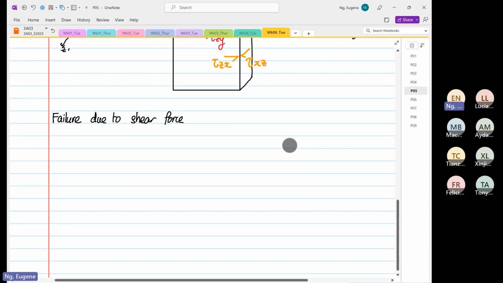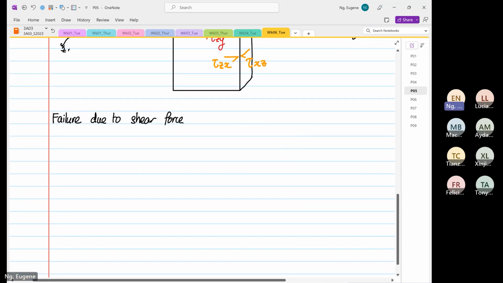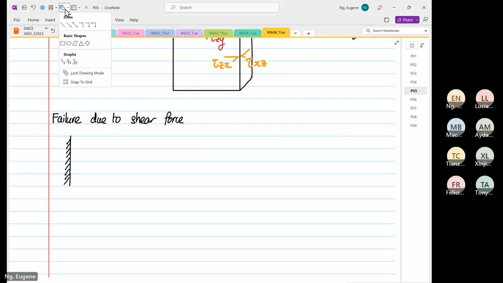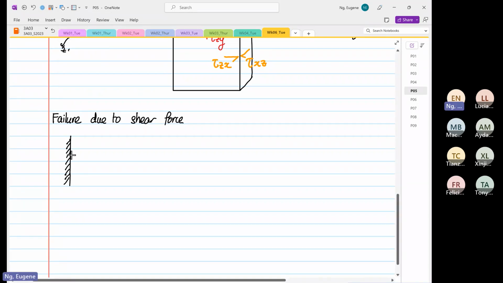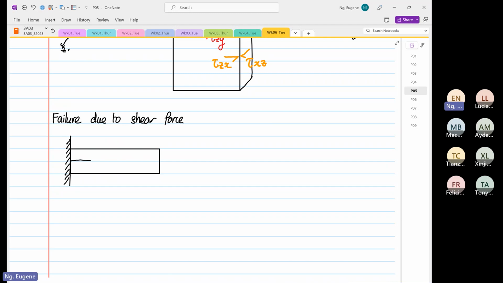Okay, let's look at failure due to shear force. So if we have a cantilever beam, okay, we have a beam built in, which is what we call cantilever. And let this beam have layers. Okay, I will have layers.